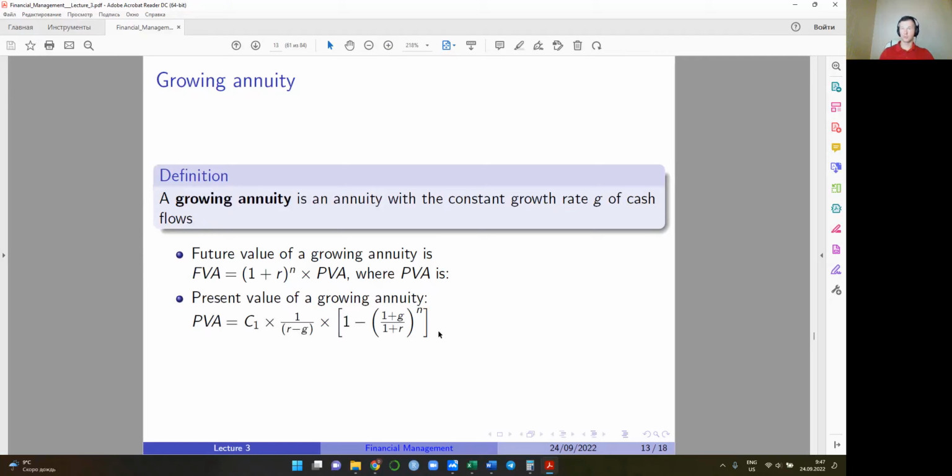What is the formula to calculate it? The present value of a growing annuity is given by this formula. And what is most important here is that r must be greater than g, because look at the denominator, r minus g might give you a negative number, and that's not what you want.